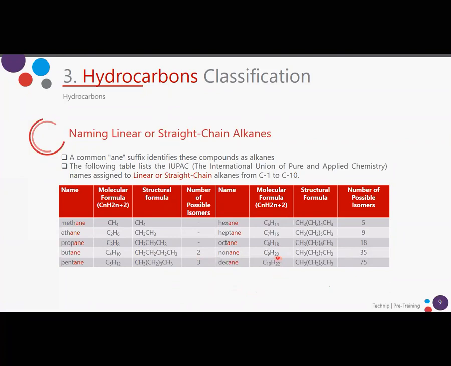For hexane, with 6 carbons and 14 hydrogens, you have 5 possible ways. For heptane, that is C7H16, you have 9 possible isomers, and so on. For decane, with 10 carbons and 22 hydrogens, you will have 75 possible ways to put 10 carbons and 22 hydrogens.